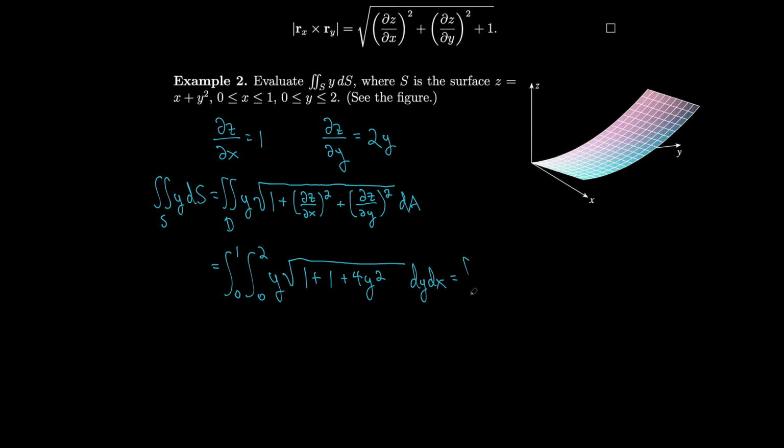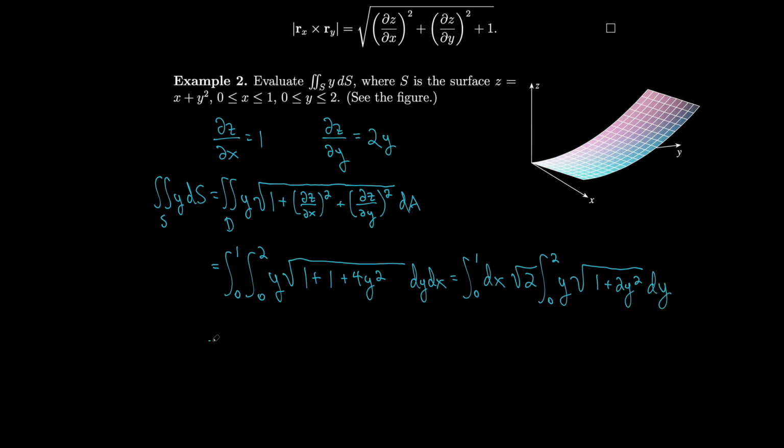So that'll be equal to the integral from 0 to 1 dx, because we have no x's there, times square root of 2. We can pull out because if we add these, we factor out 2. So we'll be left with the integral from 0 to 2 of y times the square root of 1 plus 2y squared.